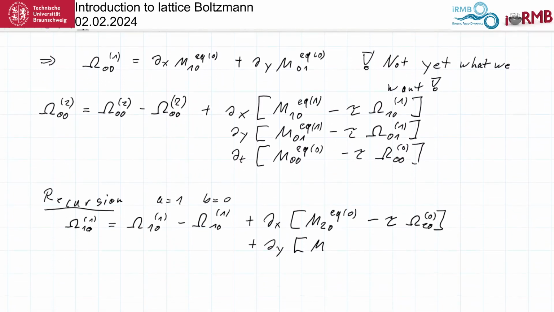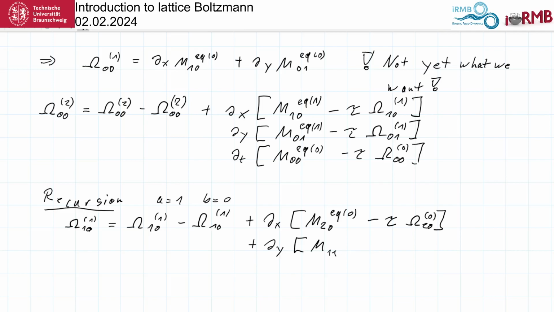So this is what we did here. We go one derivative in x, so from 1, 0, we come to 2, 0, and now we go in the y direction, and then we have what moment? No? 1, 1.